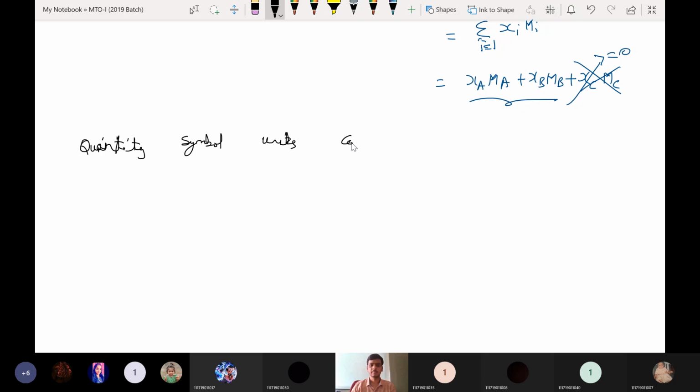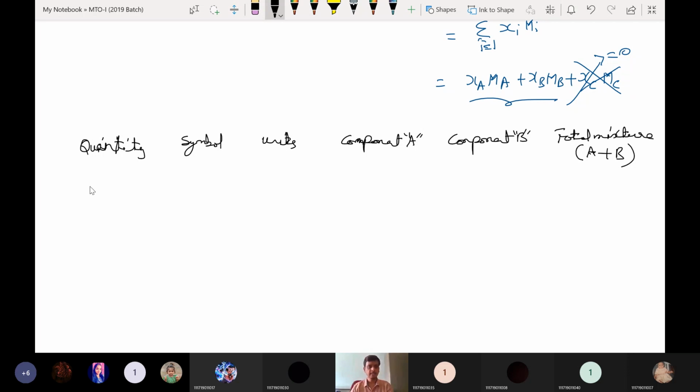Its symbol we will also write separately: the symbol and its units, for component A, for component B, and for the total mixture. I repeat once again, we have only a two-component system in the system, that is A plus B. You need not bother about any other component. Only two components are there, and that makes our system very simple.